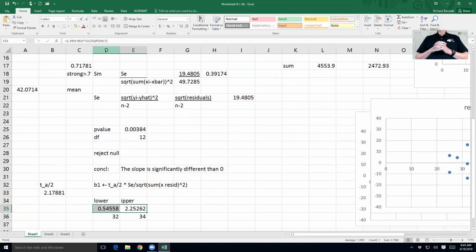Your slope. And what's my slope? 1.3991, right? So 1.3991 should fit between those two values. It does not fit between those values. That can't possibly be right.